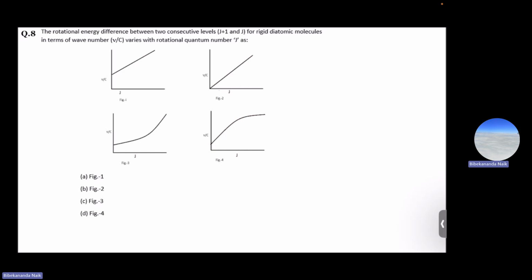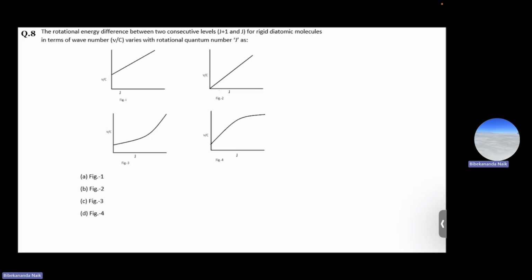Question number 8 says the rotational energy difference between two consecutive levels like J plus 1 and J for rigid diatomic molecules, in terms of wave number, that is nu by c, varies with rotational quantum number J as.